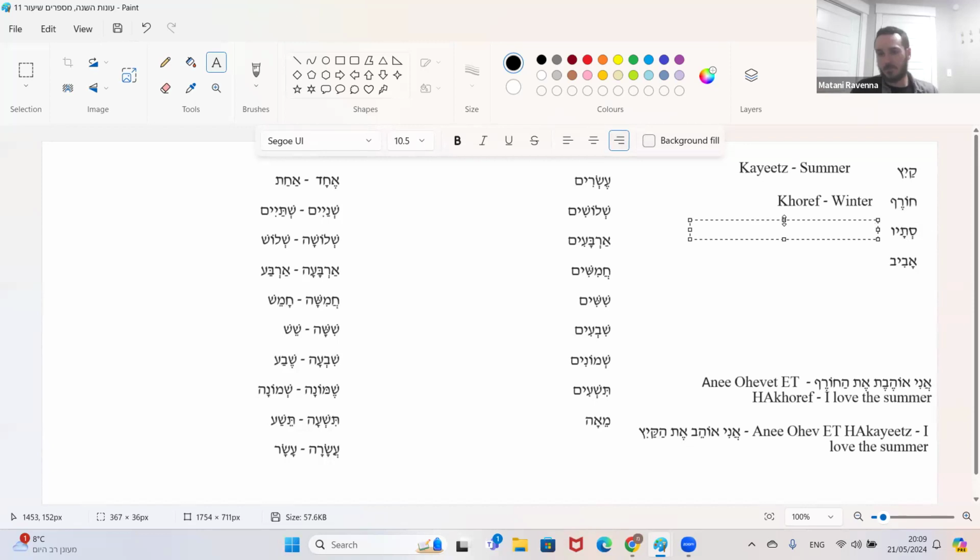It's unisex. It's weird phonetically because it has the yud here in the middle. This yud is silent, which is why it makes it stop and why it's irregular. Stav, which means fall or autumn.